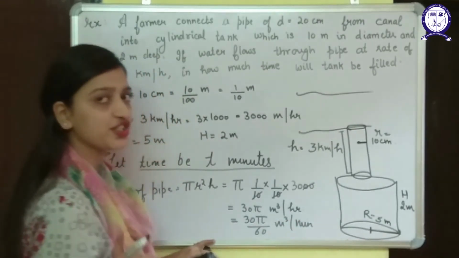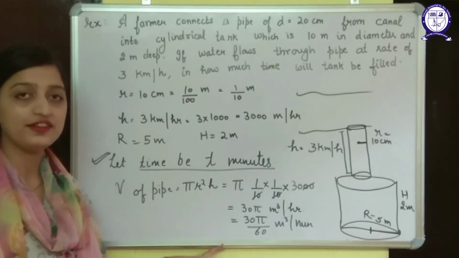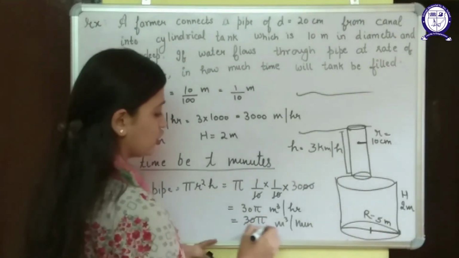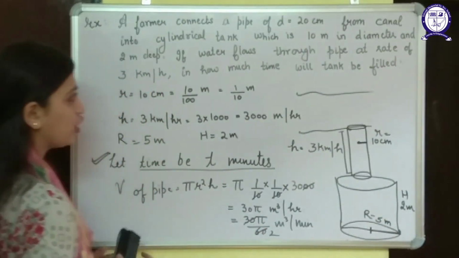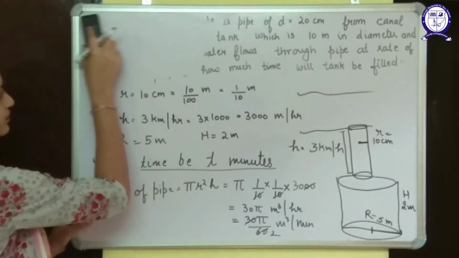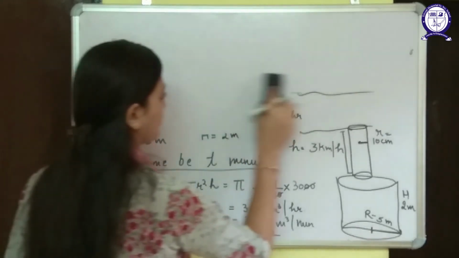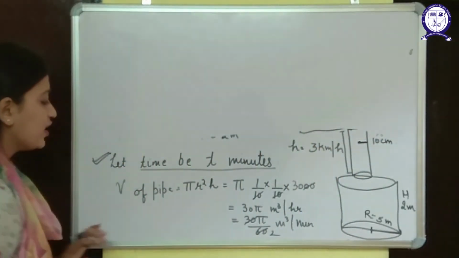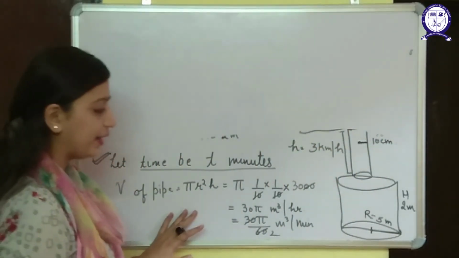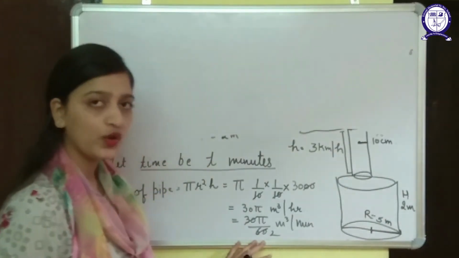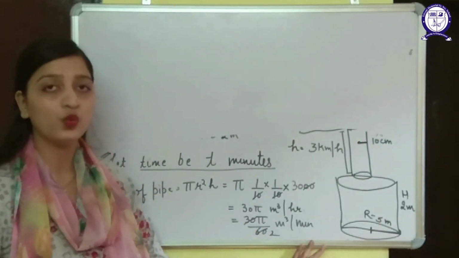To change hours into minutes, I will divide it by 60. So this is pi upon 2 meter cube per minute.